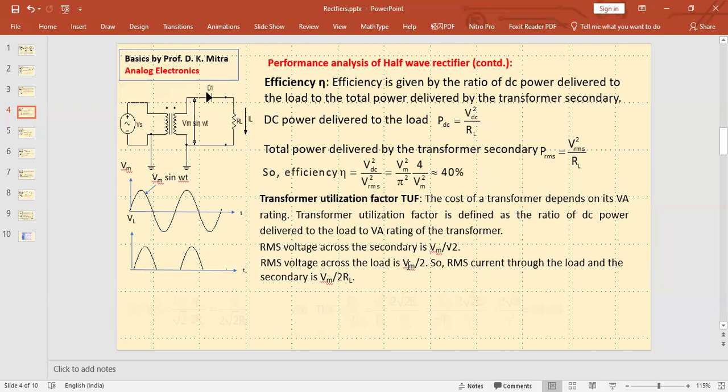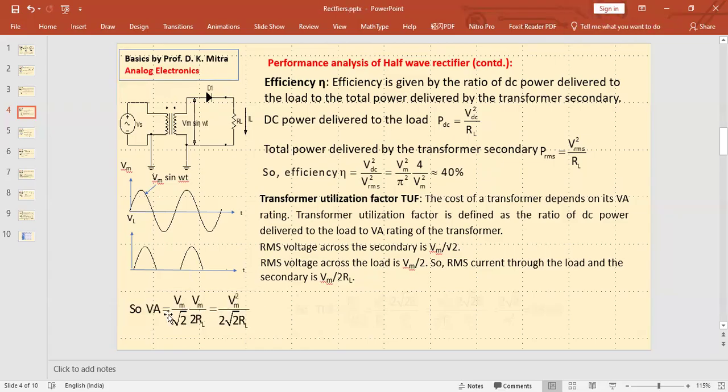If the RMS voltage across the load RL is Vm by 2, then the RMS current through the load is Vm by 2 divided by RL, that means Vm by 2 RL.